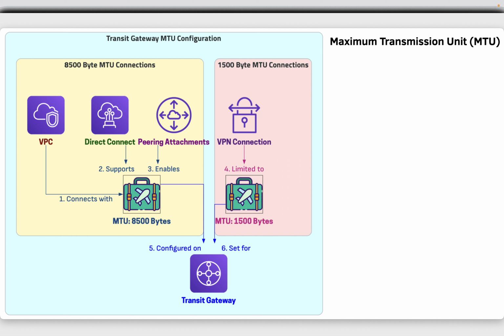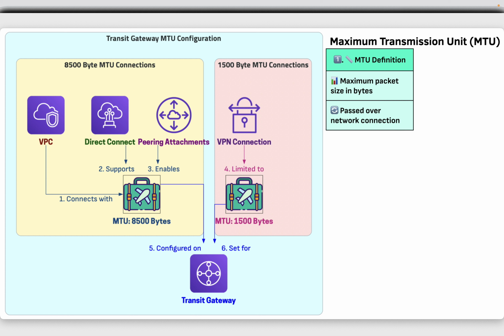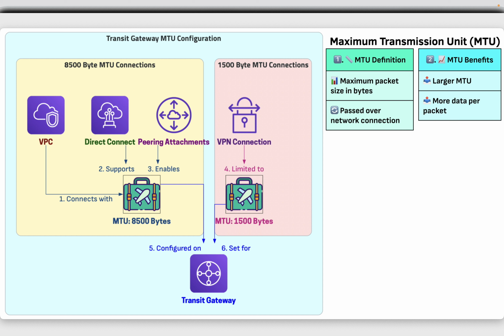So next, maximum transmission unit. The maximum transmission unit (MTU) of a network connection is the size in bytes of the largest permissible packet that can be passed over the connection. The larger the MTU of a connection, the more data can be passed in a single packet.